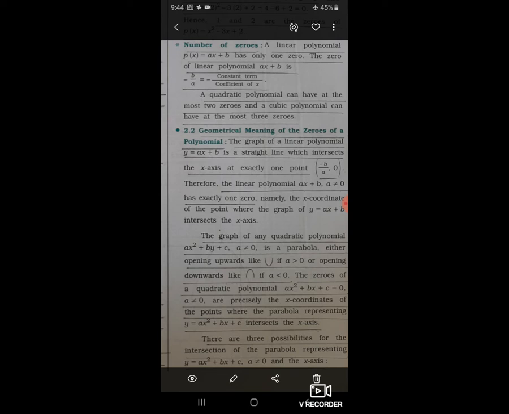The zeros of the quadratic polynomial ax² + bx + c, where a does not equal 0, are precisely the x coordinates of the points where the parabola representing y = ax² + bx + c intersects the x-axis. There are three possibilities for the intersection of the parabola representing y = ax² + bx + c, where a does not equal 0, and the x-axis.